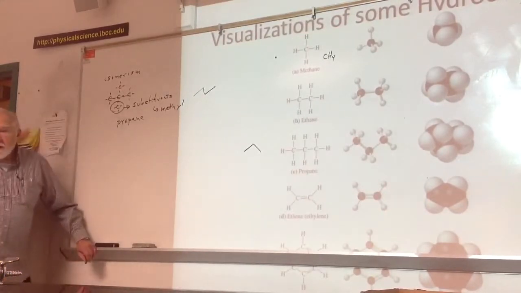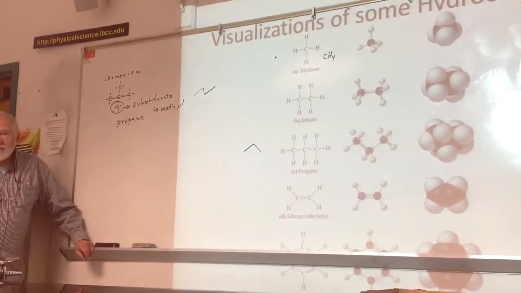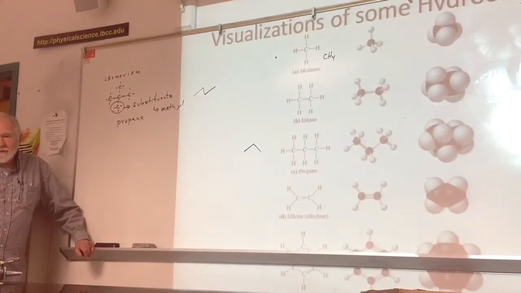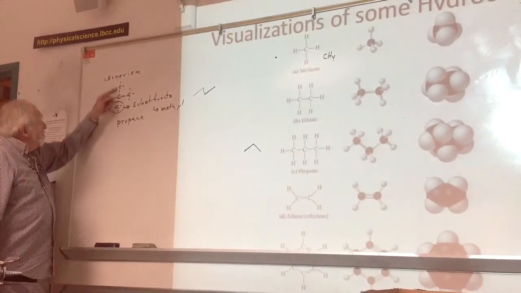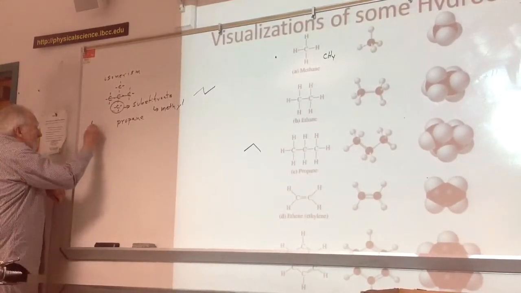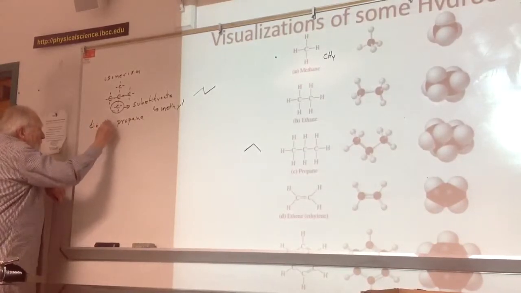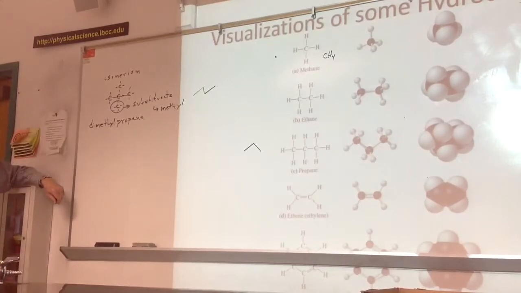If it's 2 carbons as a substituent, then it would be ETHYL. So there are 2 methyls. So it's dimethylpropane.